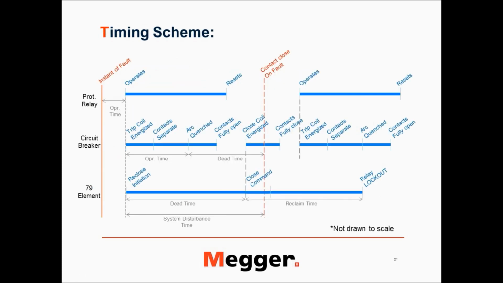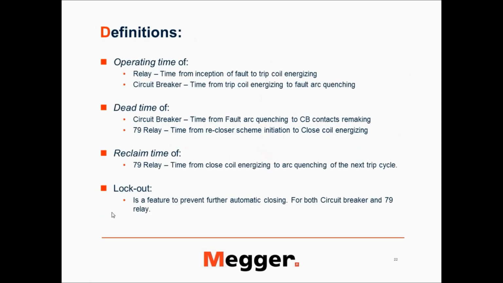Those are the dead time of the circuit breaker and the 79 element. I should have put 79 element instead of 79 relay here.